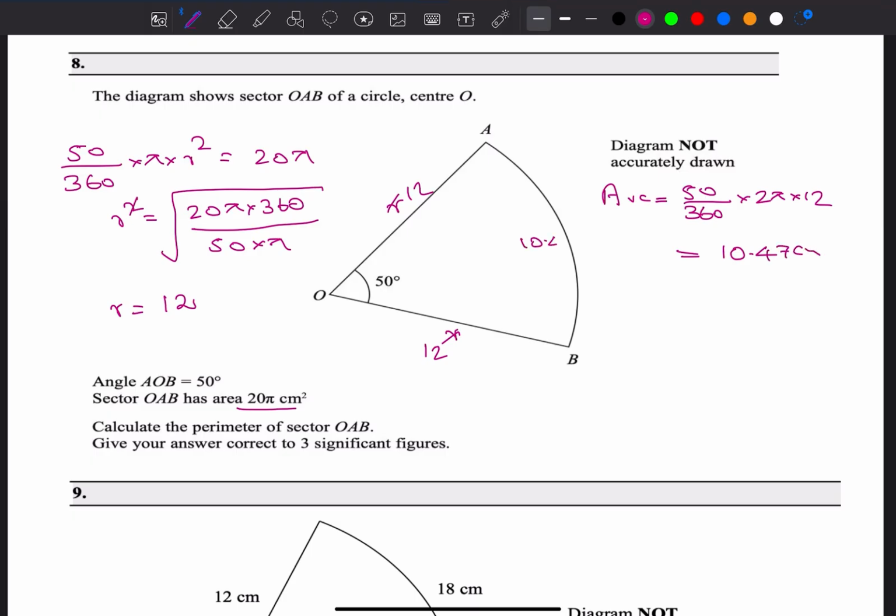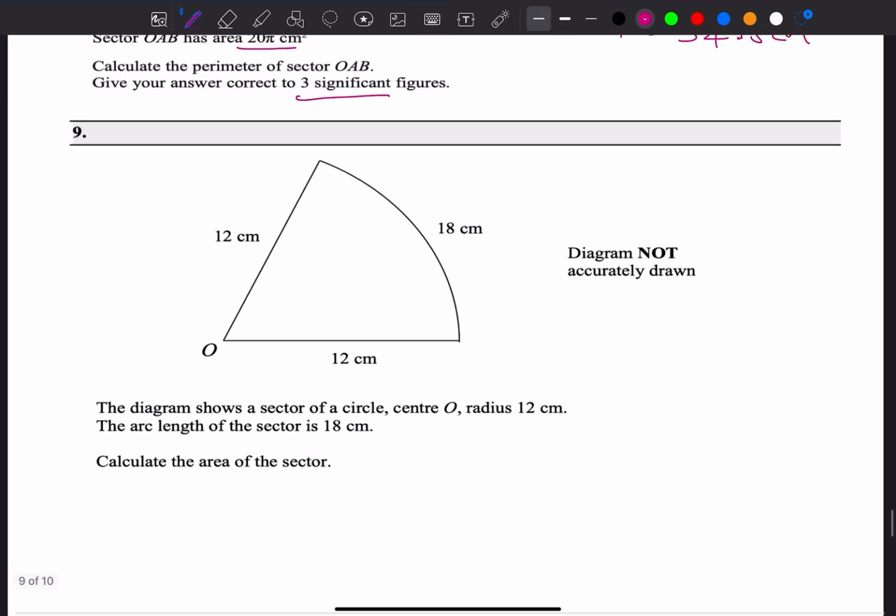So that's 10.47. They want the perimeter, which is that 10.47 plus, what's the other one? You've got two radiuses, so 2 times 12 in there. Which makes the perimeter 34.47, but they wanted three significant figures. 34.5 centimeters it is. Okay.